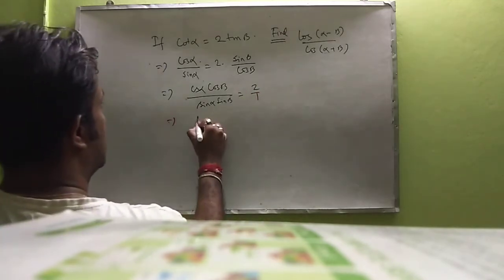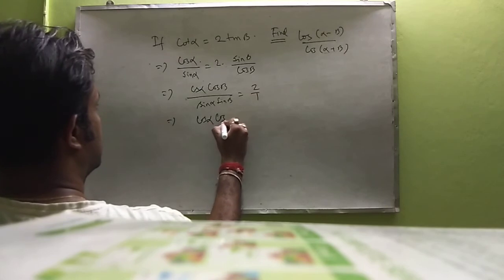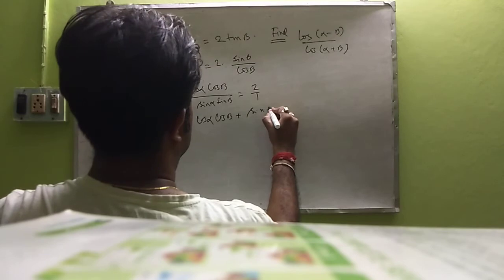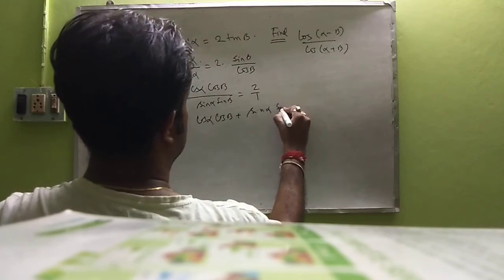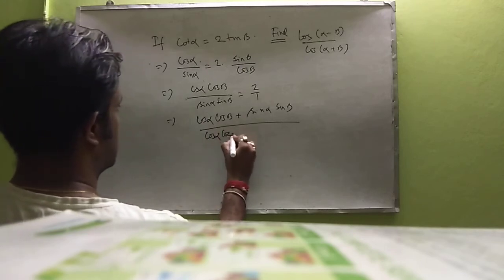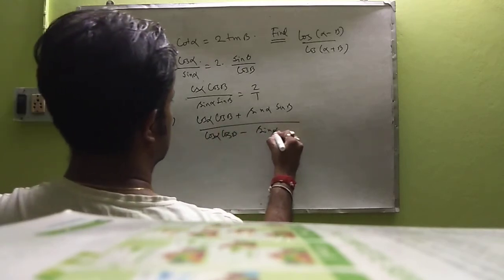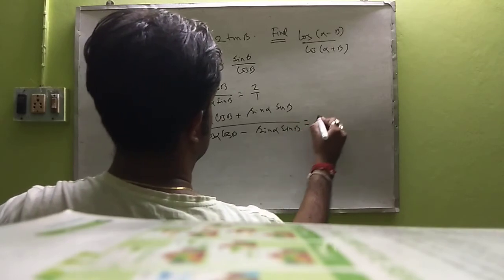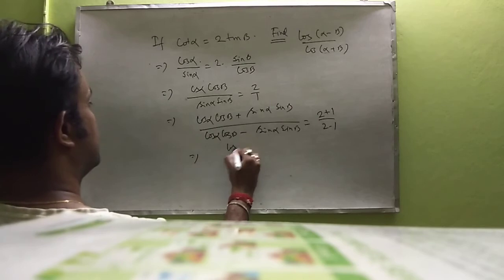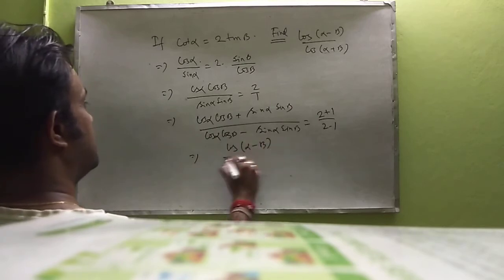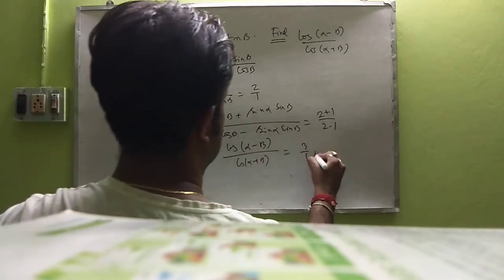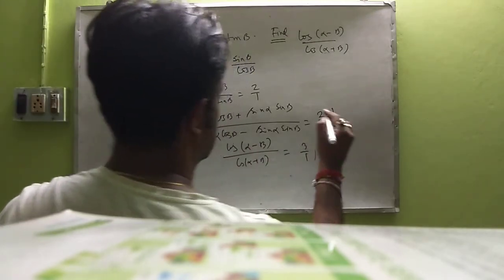Now apply the process of componendo and dividendo, which will be 2 plus 1, 2 minus 1, and this is the formula of cos of alpha minus beta and this is cos of alpha plus beta, that is 3 by 1, which is 3.